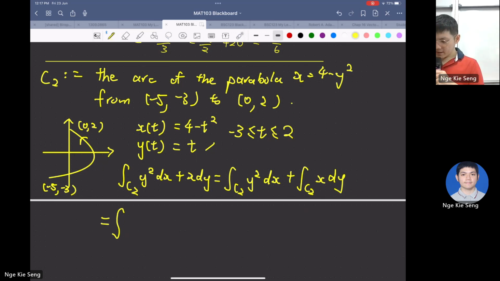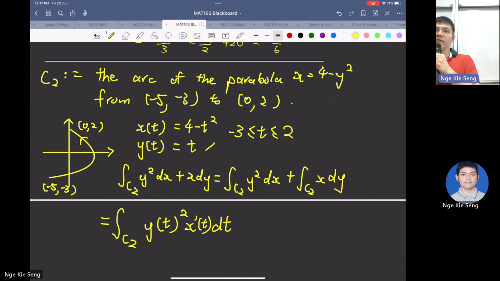So y squared becomes t squared. For dx, we insert x as a function of t and it becomes dt with an extra factor x prime t.